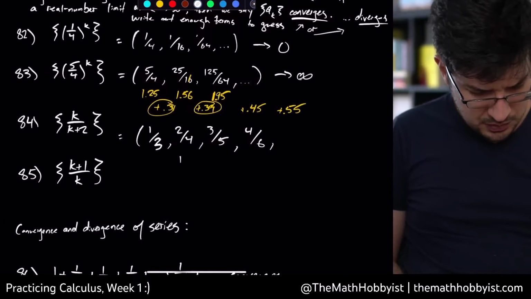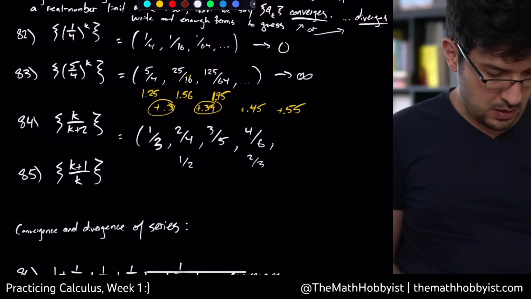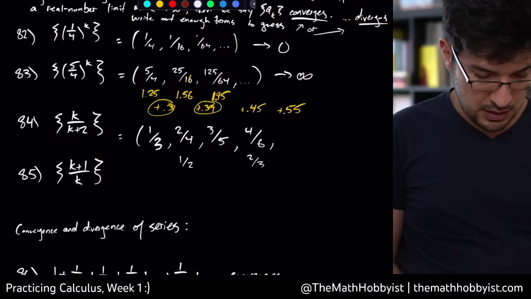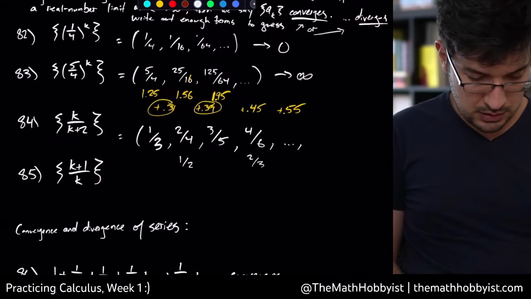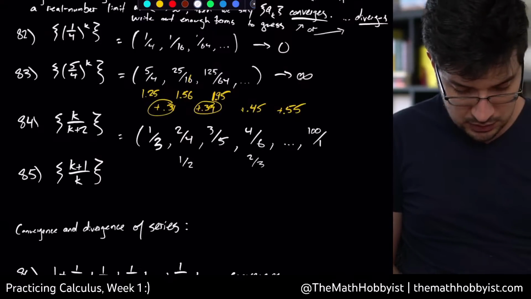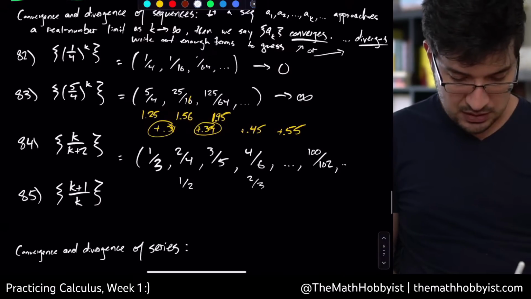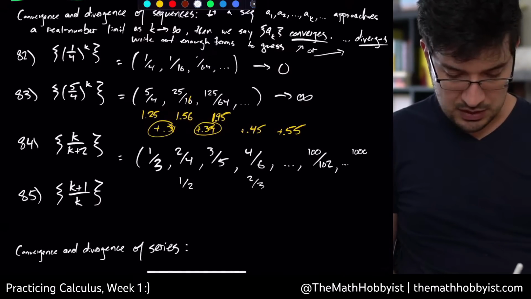If we reduce these numbers, that one's 1/2, and this one is 2/3. But what if k was 100? Then we have 100/102. If k was 1,000, we've got 1,000/1,002.